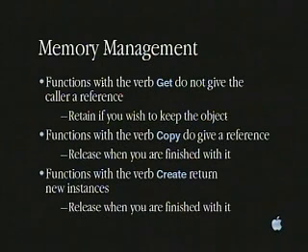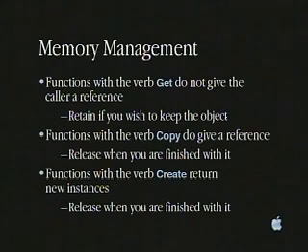Functions which automatically do retain a returned object for you use either the verbs copy or create, depending on what the function's doing. Functions which create new instances use create, for example. The objects you receive by calling a create or copy function must have that retain released by you when you are done with that object, or you're going to have a leak.